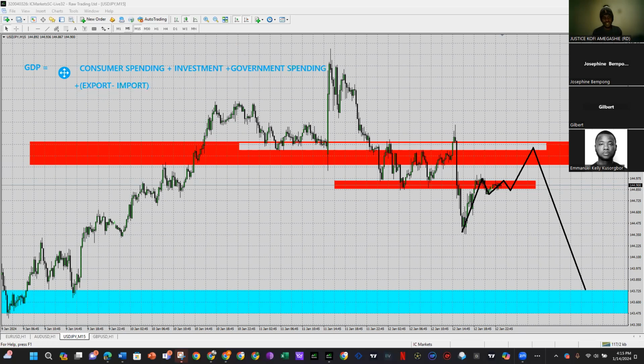So when you are looking at your calendar, what you are looking for is consumer spending. Consumer spending counts in the form of CPI. So on your calendar, you see something like CPI, which is similar to inflation. Then we have investment. Investment, you might not see a lot of news about investment, but anytime you are on Twitter, you are on your normal news, you might see something about investment.